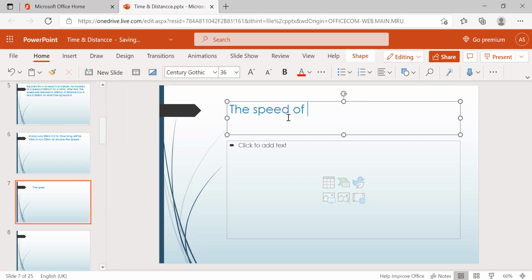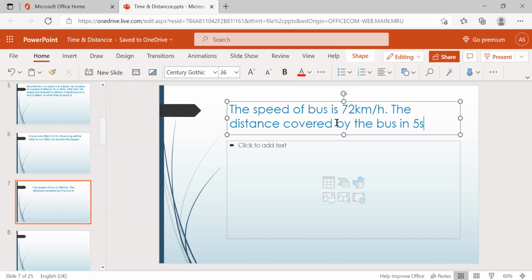The speed of the bus is 72 kilometer per hour. The distance covered by the bus in 5 seconds is, what they're asking.